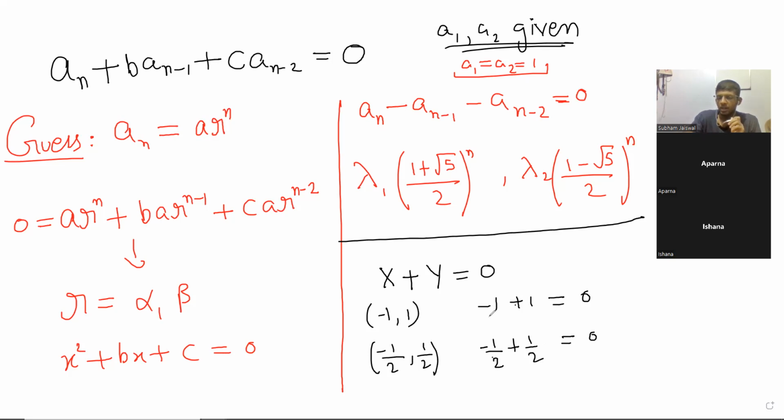You can add these two component wise, and it will again be a solution. Any solution, if you have two solutions, then their sum is also a solution. Sum meaning adding it component wise. So that is one of the things.